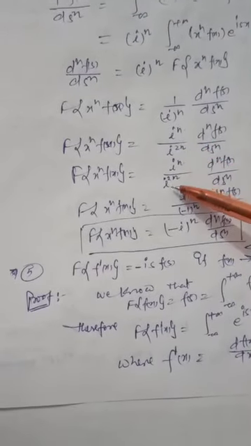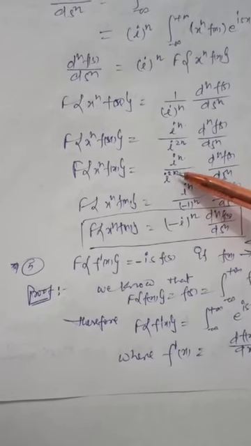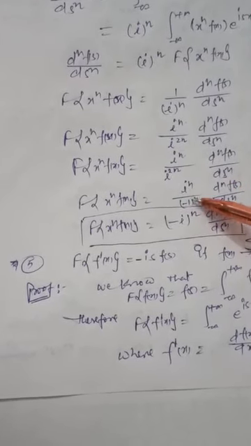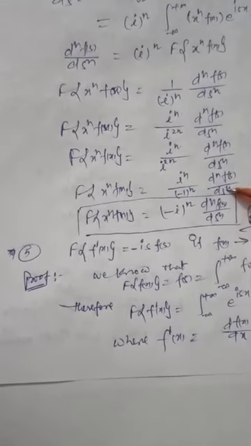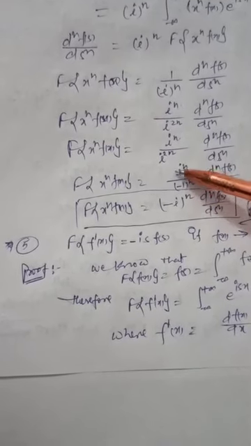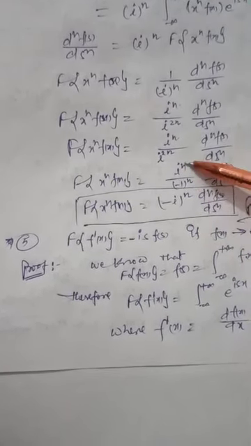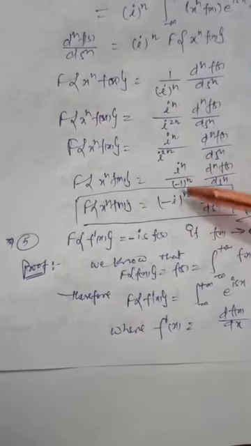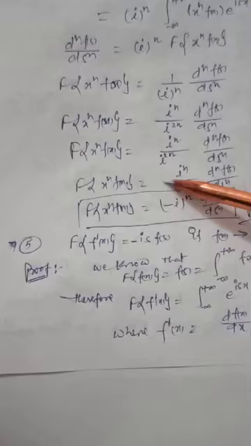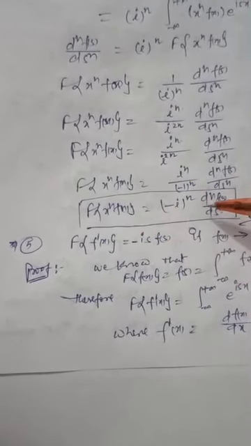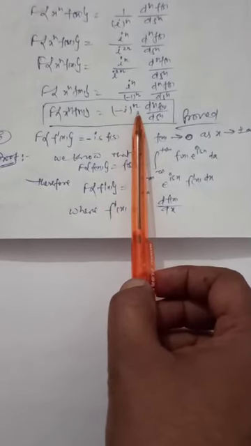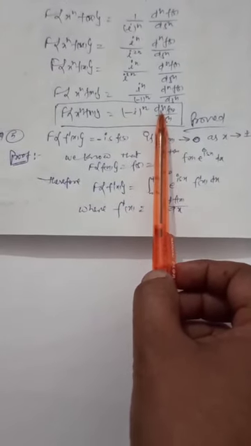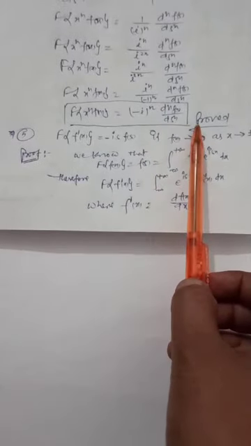I raised to power 2n is i squared raised to power n, and i squared is minus 1, so minus 1 raised to power n. Then d^n over ds^n F(s) is the same, nothing changes. The minus 1 goes up, giving minus i raised to power n, because the power of minus 1 and i raised to power n are the same, then a common power. This is the final result, and this is the proof. Hence the Fourier transform of x raised to power n f(x) is (-i) raised to power n d^n F(s) over ds^n.